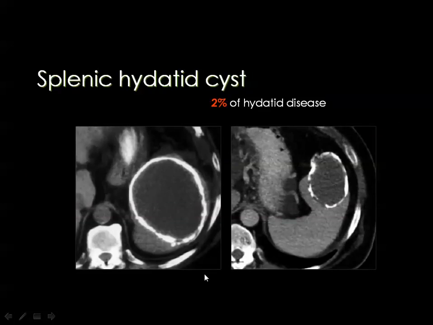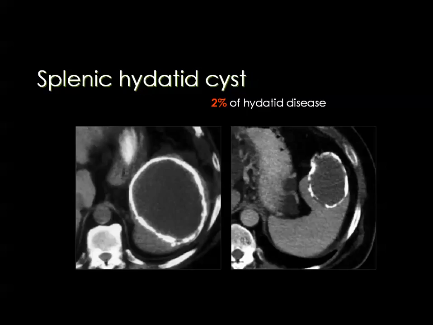hemorrhage. Then hydatid cyst in the liver is diagnosed by the presence of calcification in the wall of the cyst, and this is the case also in splenic hydatid cysts. Also, you can diagnose hydatid cyst by the presence of floating shadows inside the cyst, or the presence of daughter cysts inside the big cyst.